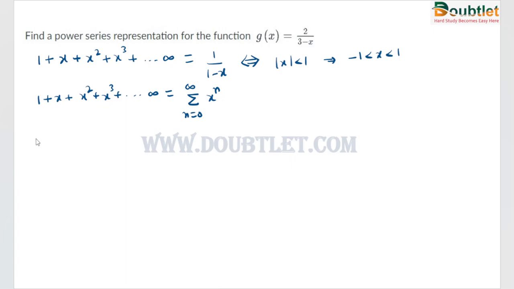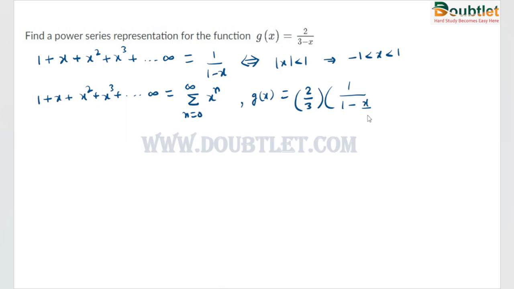To convert g(x) into this form, first of all we have to take 3 common. So we can write g(x) as 2 divided by 3 times 1 divided by (1 minus x by 3).